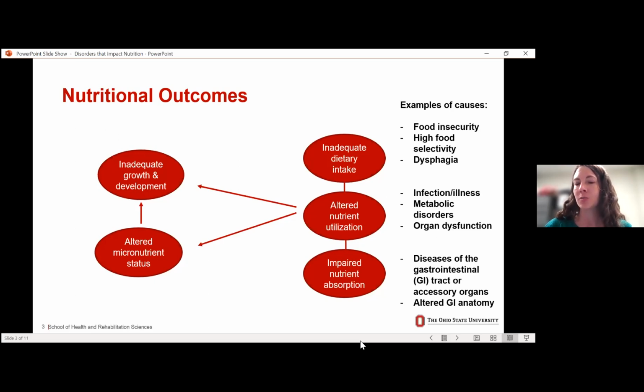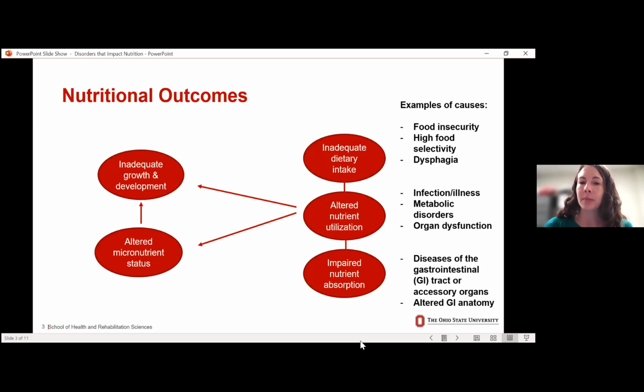They may not be consuming enough vitamins or minerals, also known as micronutrients, to meet those needs. Also, the person could be eating fine, but have altered nutrient utilization, which just means that nutrients are metabolized a little bit differently in their body, depending on the underlying disorder.